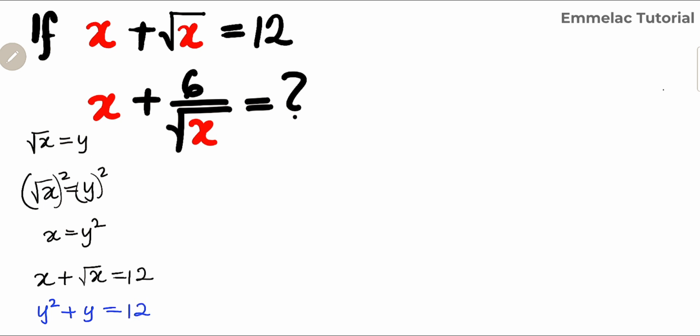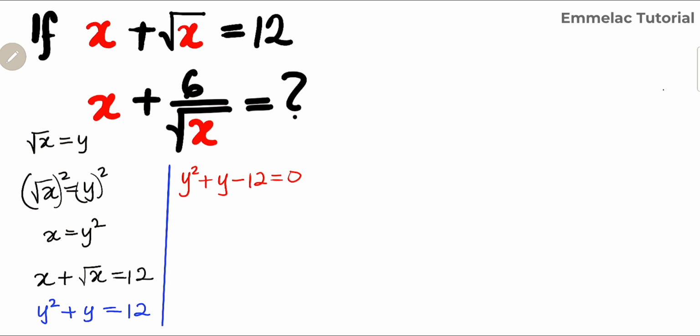From here, let us subtract 12 from both sides of the equation. We end up having y squared plus y minus 12 equals 0. So let us now factorize this equation. How do we do that? All we need to do is look out for two numbers which, when we multiply, will give us negative 12, and when we add, should give us a positive 1.